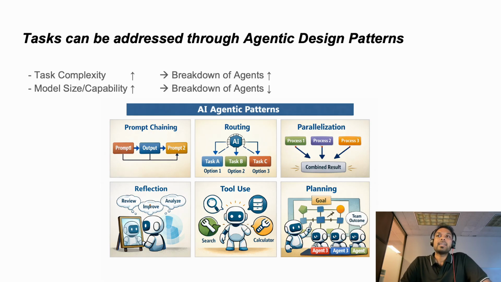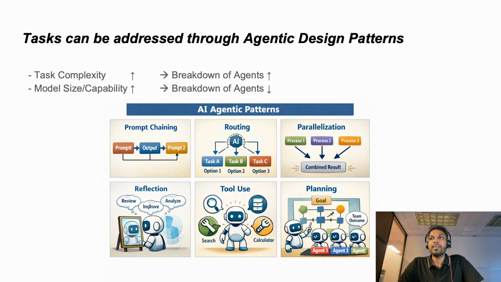So, how you design these agentic patterns depends on your task of interest. That is the particular domain you are in and the capabilities of a model. So, smaller models may probably require more breakdown of tasks than larger ones. But more generally, here are a couple of agentic patterns that people often use for many tasks.